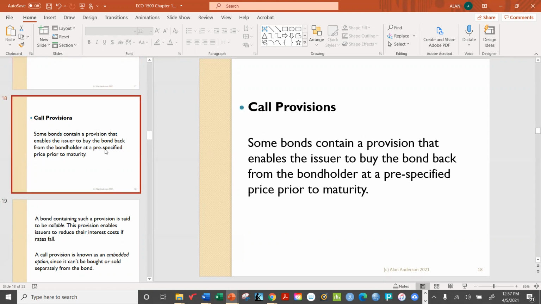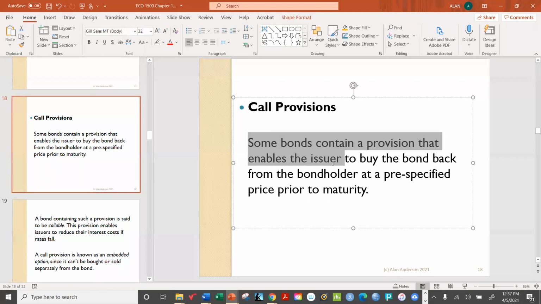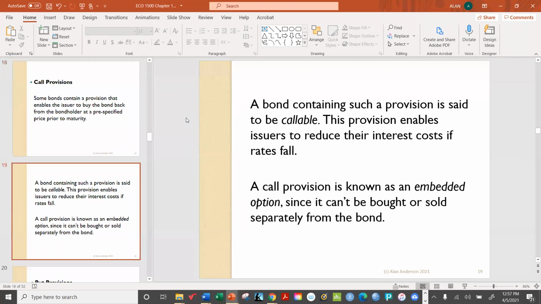Now, here's another thing. I don't think we talked about this. Here's an interesting little provision that most corporate bonds have attached to them. The issuers often reserve the right to buy your bond back in the future before the maturity date. So what would be the motivation for doing that? Why would they reserve the right to buy it back from you early? I mean, wasn't the point of issuing the bond to borrow your money for 30 years? Why would they think about giving it back to you in 20 years?